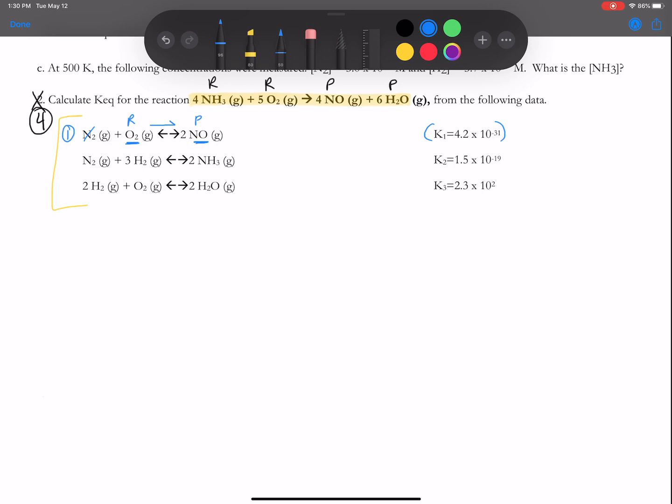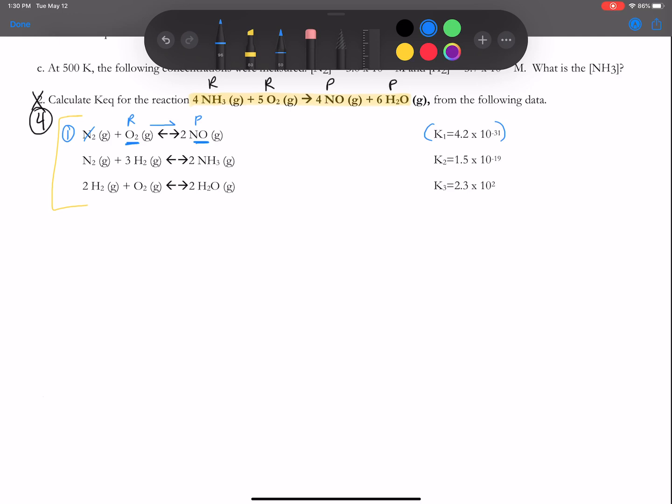But what I do need to handle right now is my coefficients. My O2 has a coefficient of 1, but in my new equation, my O2 has a coefficient of 5. That's a little hard to go from 1 to 5. For my NO, my coefficient is a 2, and in my new equation, my coefficient for NO is 4.